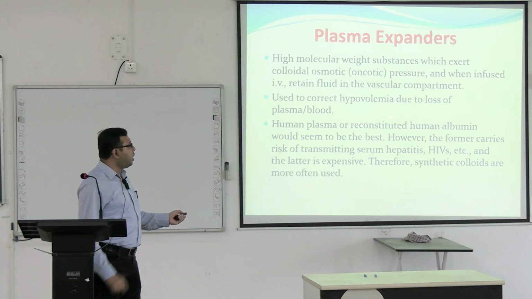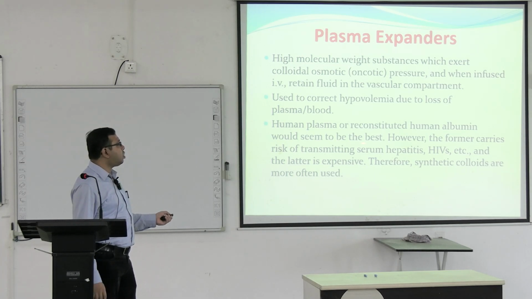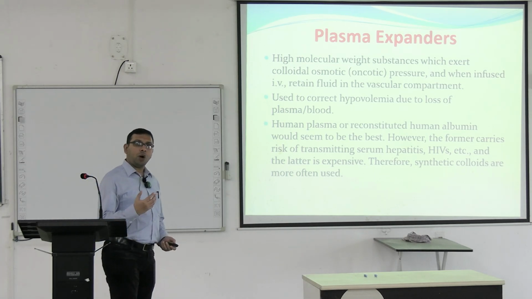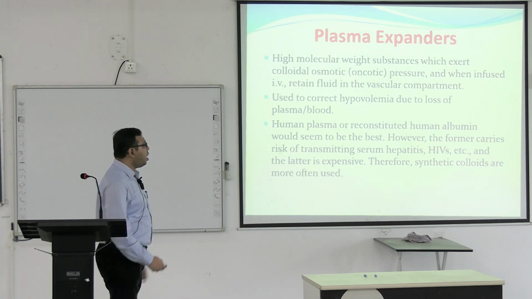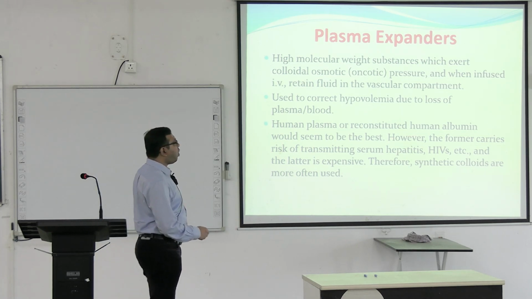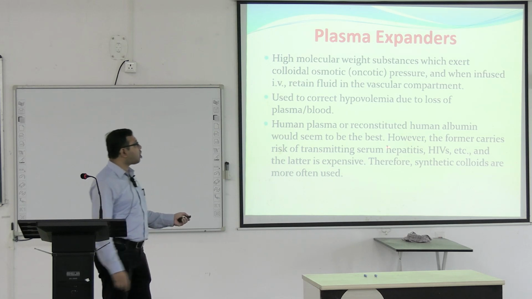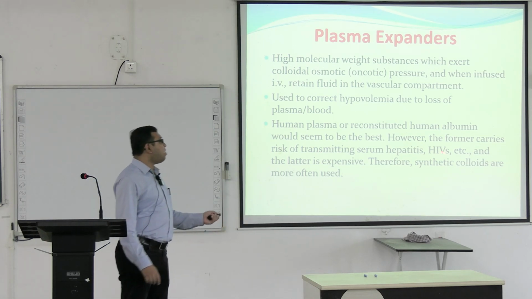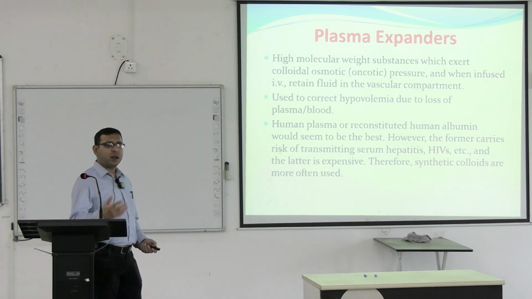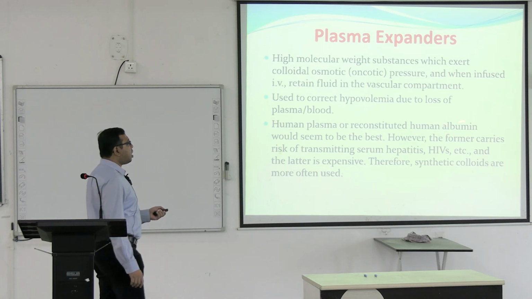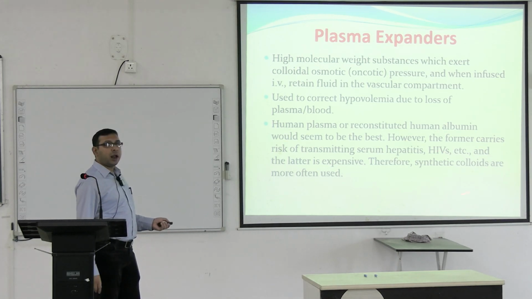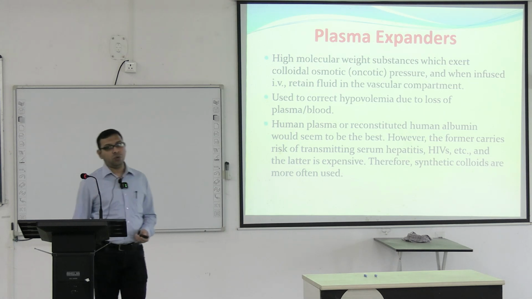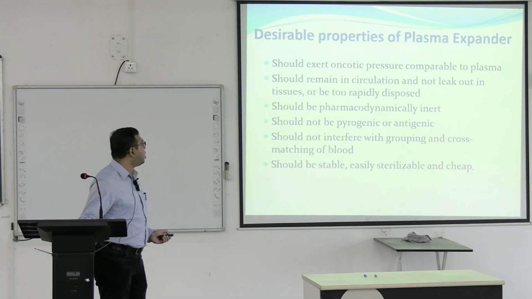Human plasma or reconstituted human albumin would seem to be the best, because it is obtained from humans, so there are fewer chances of allergy, anaphylaxis, etc. However, human plasma always carries the risk of transmitting hepatitis, HIV, etc., even after several tests. And the latter, human albumin, is quite expensive, that is the problem. Therefore, synthetic colloids are also used and available.